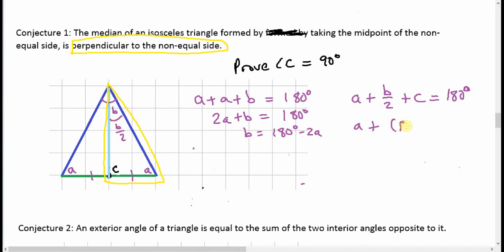We know that B has to be 180 degrees minus 2A. So I put that in for B, and it's all over 2, plus C is equal to 180 degrees.